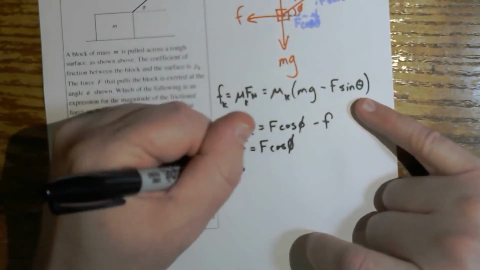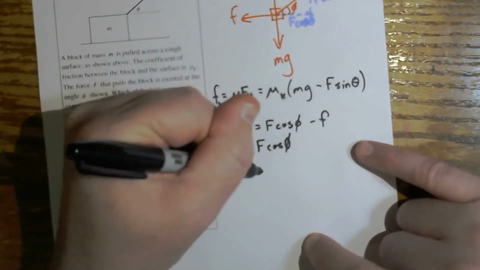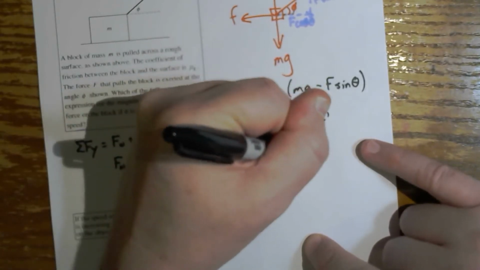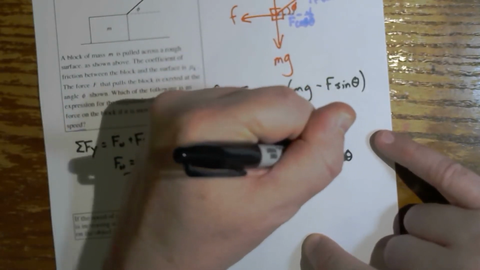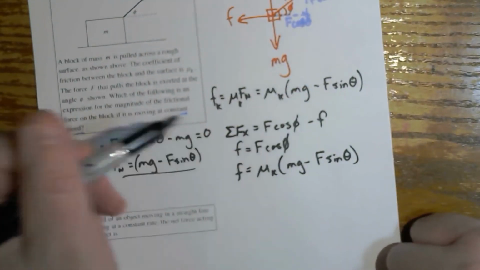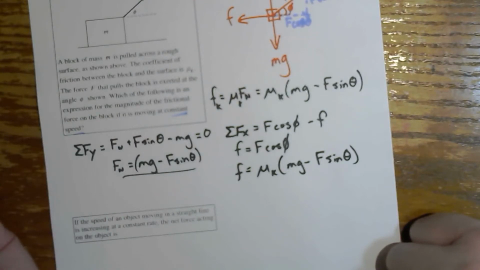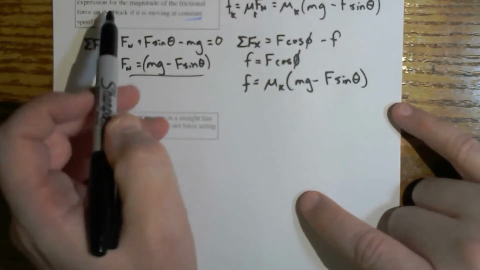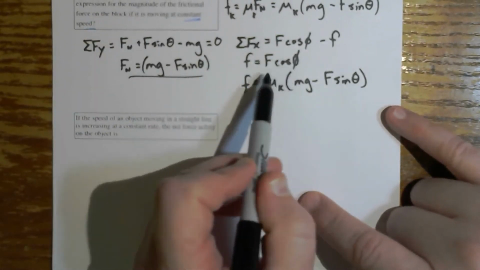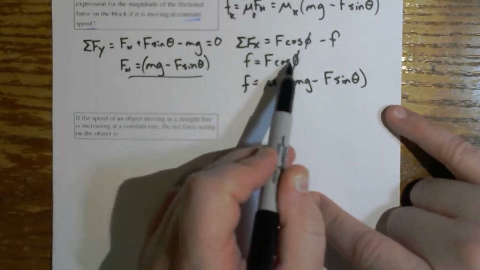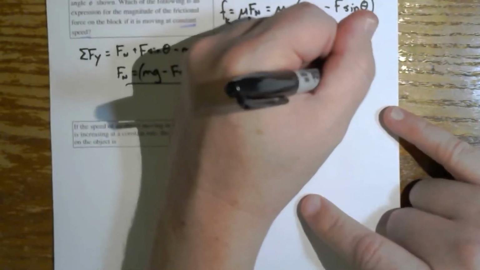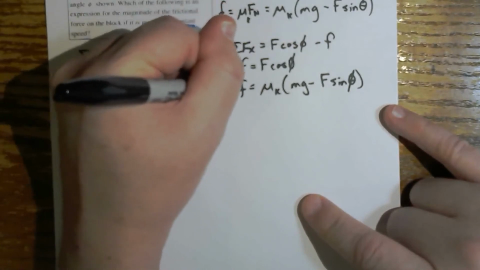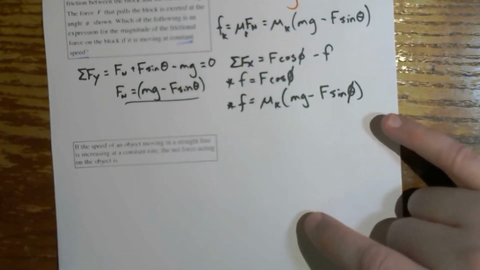It's also true that the frictional force is mu k times mg minus F sine theta. These two terms are actually equivalent. Depending on what the question asks for, maybe you don't know what F is, or maybe you don't know what theta, or phi, is, both of these would be true.